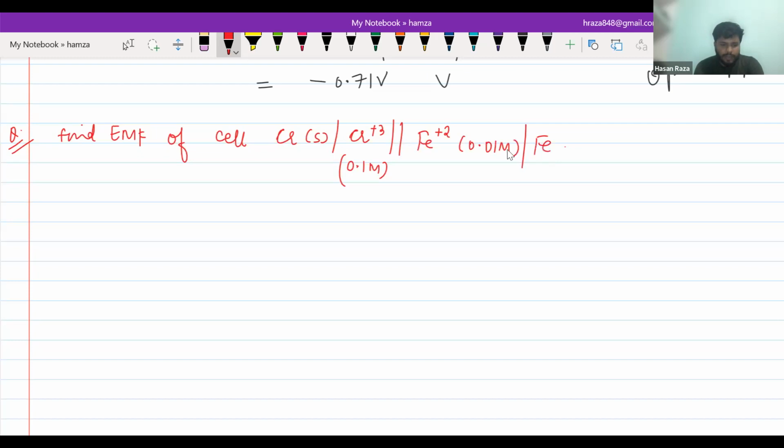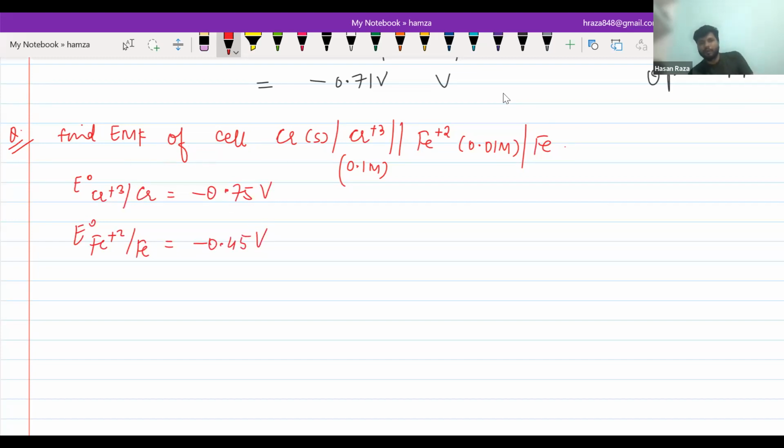It is also given that E naught Cr plus 3 slash Cr is equal to minus 0.75 volt, and E naught Fe plus 2 slash Fe is minus 0.45 volt. We need to calculate EMF.